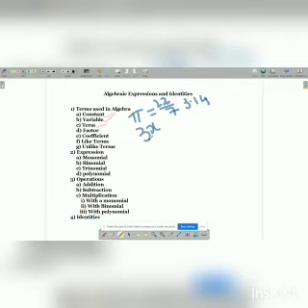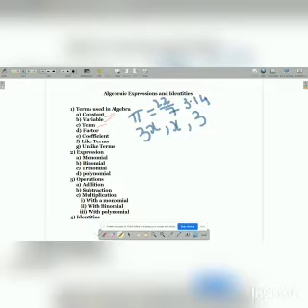So 3x is a term. Even x is also a term. Even 3 is also a term. So what is a term, children? A combination of a numeral with a literal, or alone a literal, or alone a numeral is called a term.